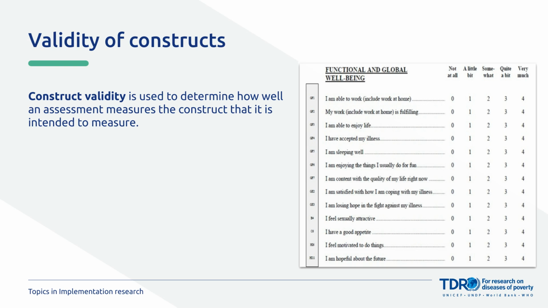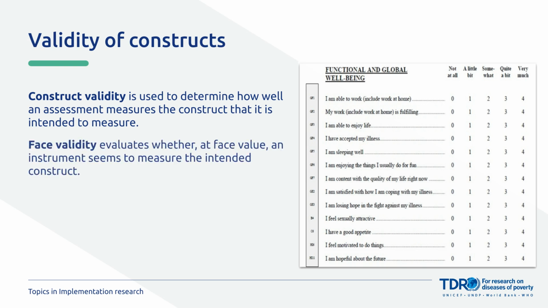For example, a tool evaluating the feasibility of an intervention in different communities should accurately identify which community finds the intervention more feasible. Face validity, evaluating whether, at face value, an instrument seems to measure the intended construct.